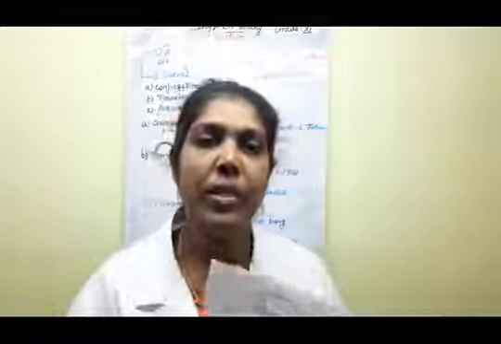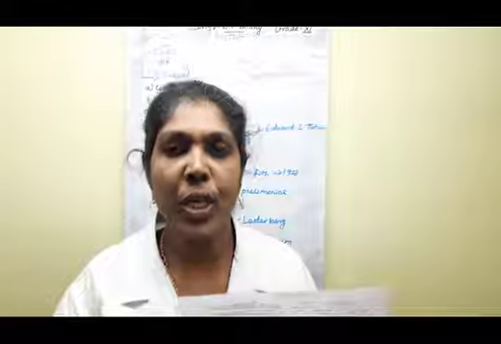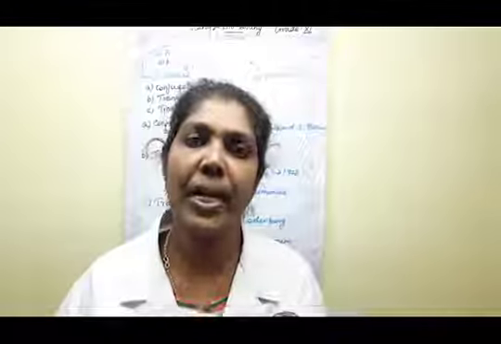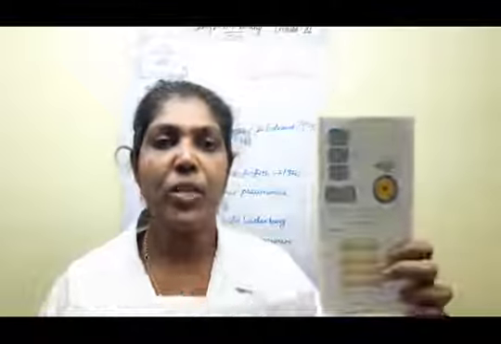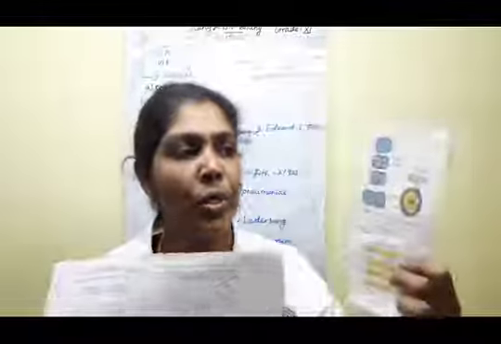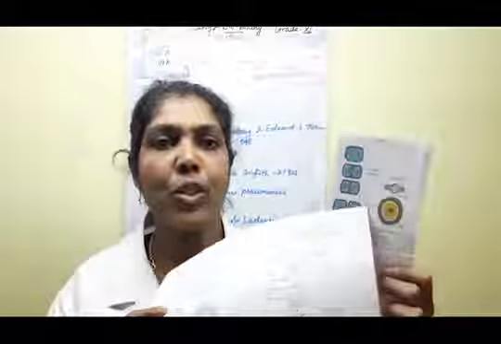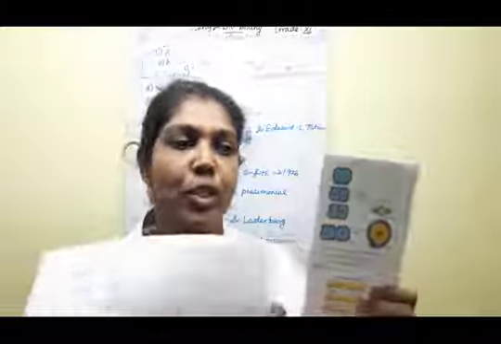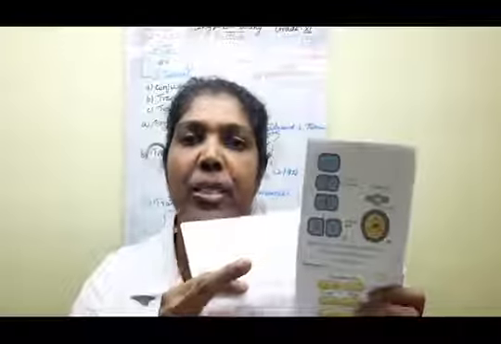Already I asked you to draw some diagrams in your classwork note, children. I hope all have completed those diagrams. Today also I am going to give some diagrams. First, draw the asexual methods of reproduction, these 2 methods, children: binary fission and endospore formation.